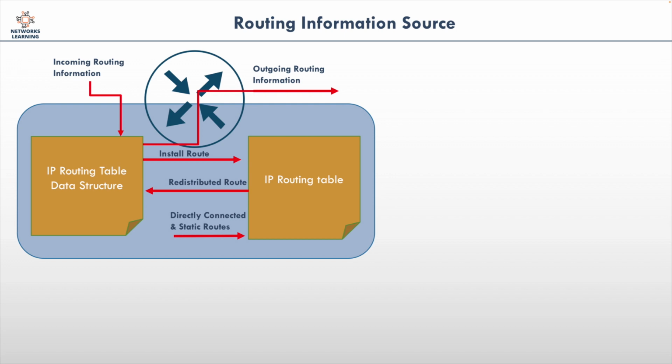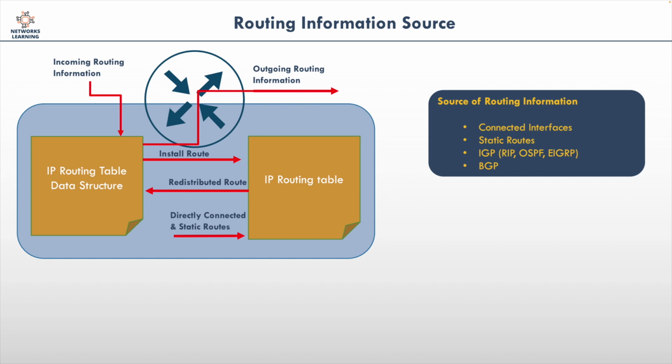So that's your outgoing routing information. The sources of routing information are mostly connected interfaces, static routes, and then comes your IGPs, so that's RIP, OSPF, EIGRP, and IS-IS, for example. And in terms of external routing protocols, there's only one, and that's BGP.